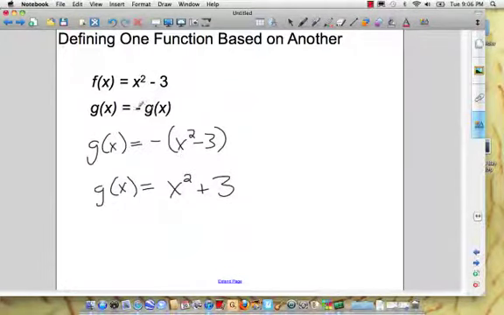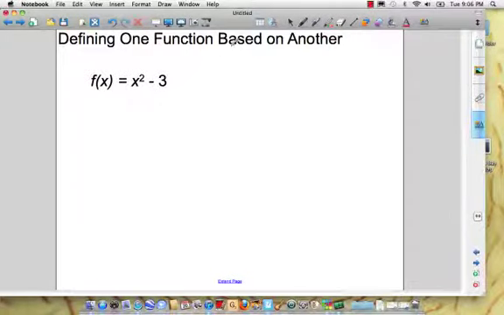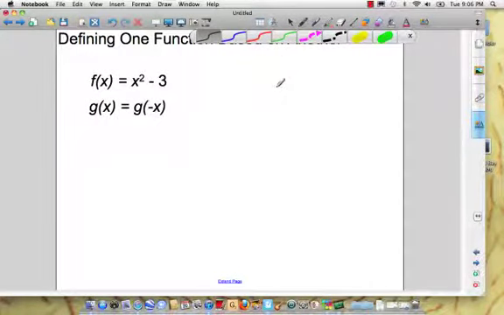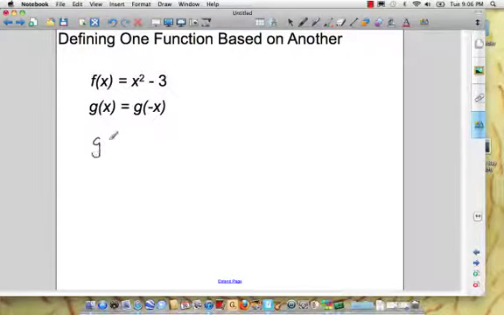Okay, notice that the negative was outside the function rule. On this next example, we're going to start with the same parent function, but this time we're going to put a negative inside the parentheses. Okay, so the explicit rule for g of x would be, well, I'm going to take negative x, and everywhere I see an x, I'm going to replace it with negative x.